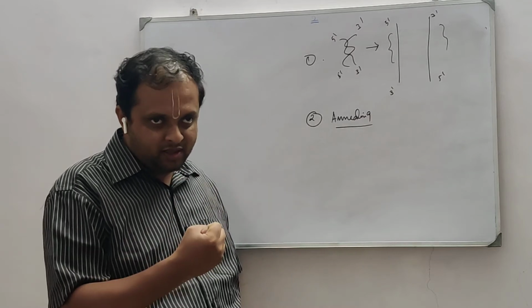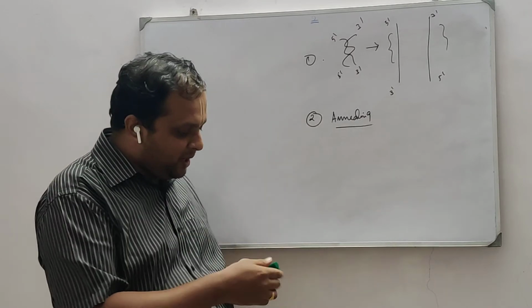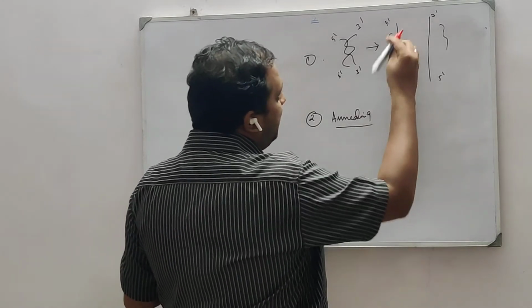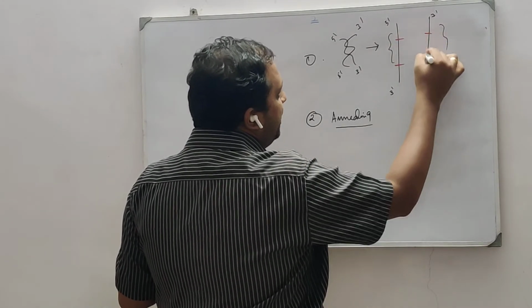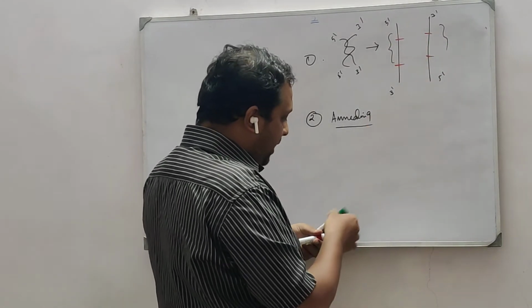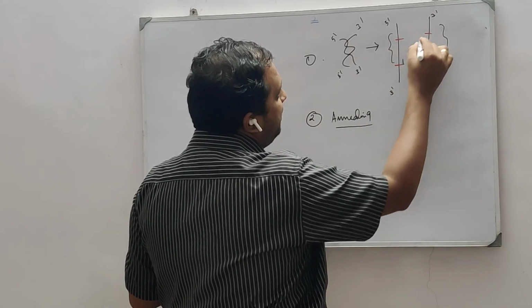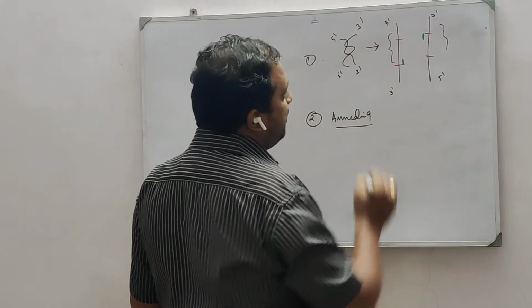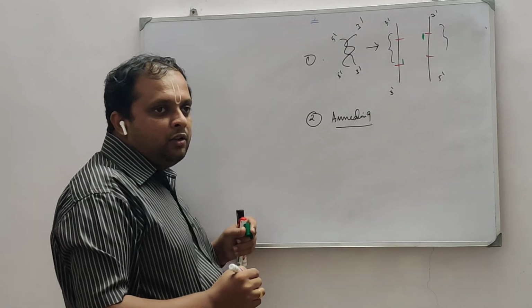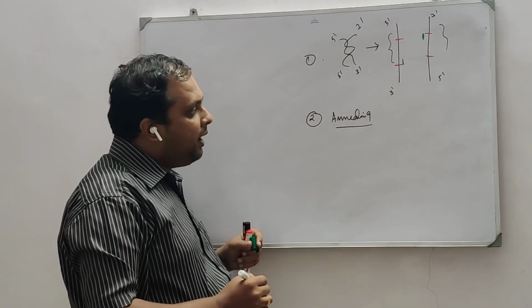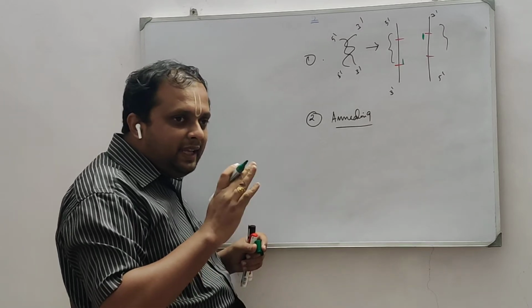So it is gene specific, which means that if this is the insulin gene, the primer I have added is going to bind here. You're getting the point? Annealing means sticking.